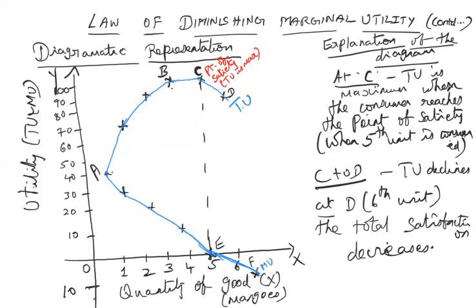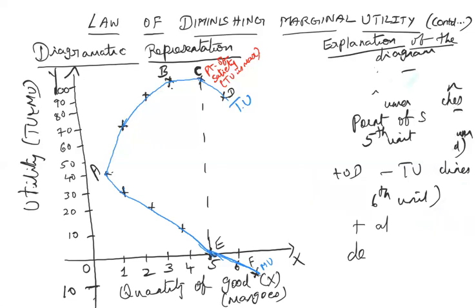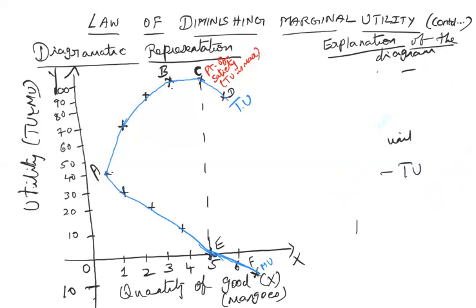Okay. And then moving on to the marginal utility. What are all the changes that are happening in the marginal utility, and how the marginal utility curve is decreasing. So next, moving to the marginal utility. The marginal utility curve is represented by MU.